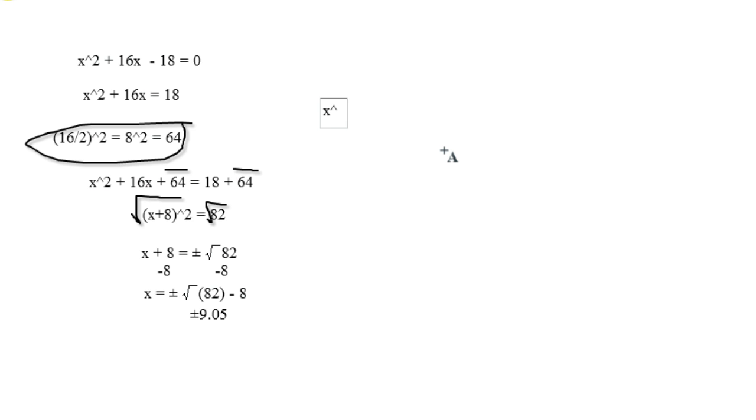Okay, so let's come up with x squared plus 6x, or let's keep this over here, minus 7. Okay, now what I could do is I could still complete the square with this. x squared plus 6x. Okay, I take half of 6, which is 3, and then square it, so that's 9.